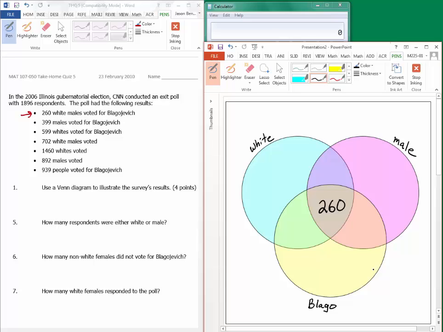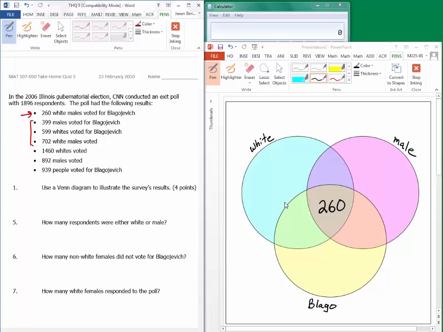Now, the next three pieces of information are all the intersections of two sets. Males and Blagojevich, whites and Blagojevich, whites and males. So I need to have this almond-shaped region that's the intersection of two circles for each of these three pieces of information.